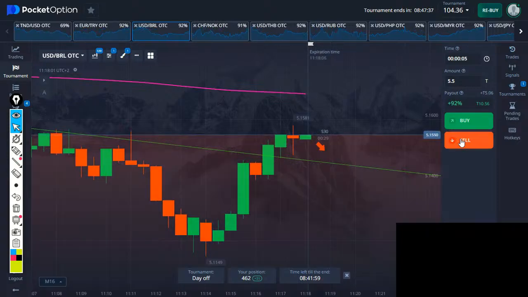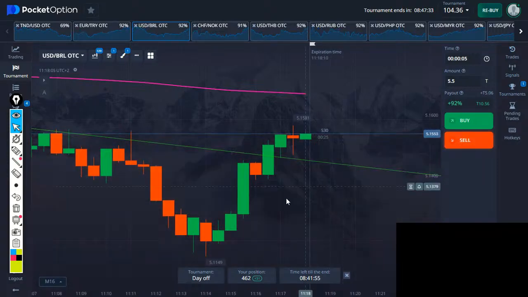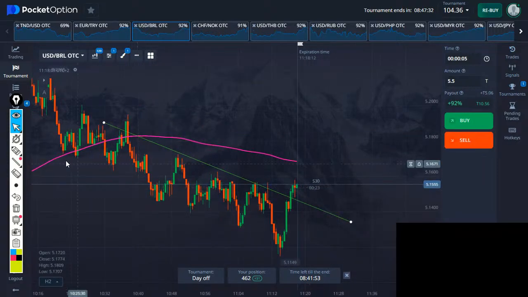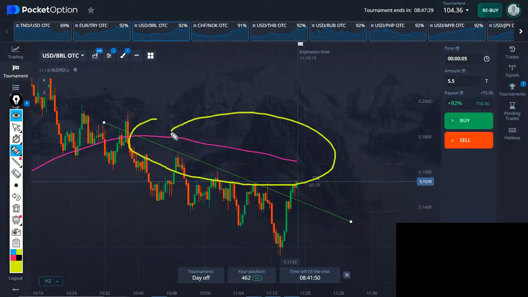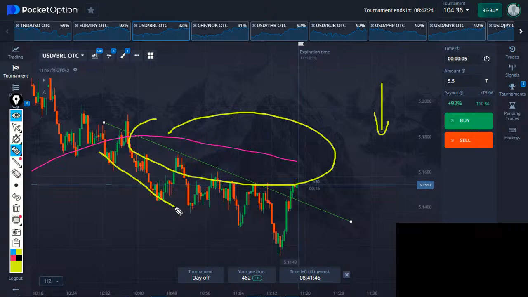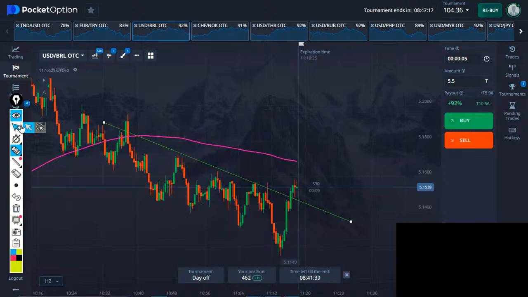Green, green, no trade. As long as the price is moving below the 200 moving average, we only take sells unless you have your channel over here and the price is close to the rejection point, then buys are okay. Only in this exception.